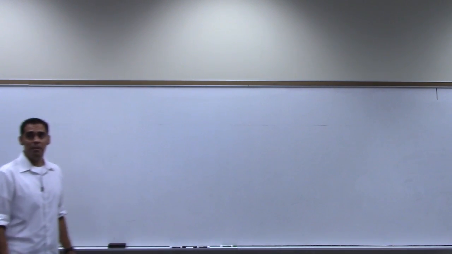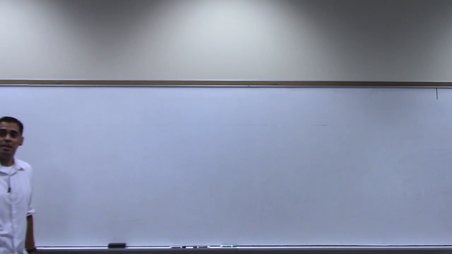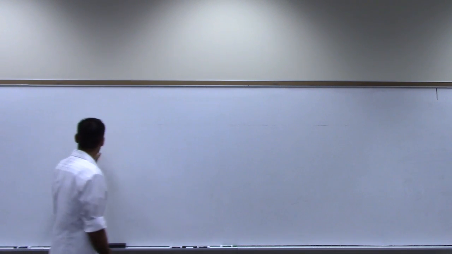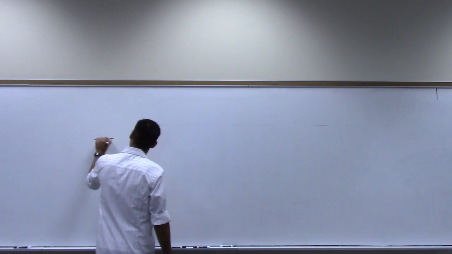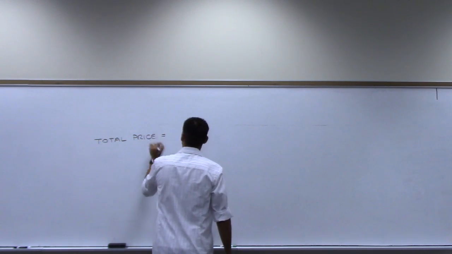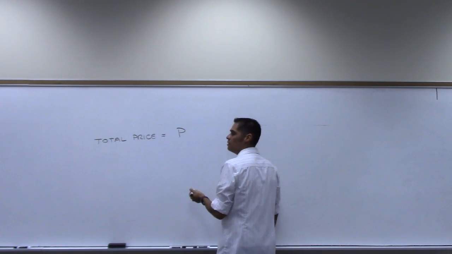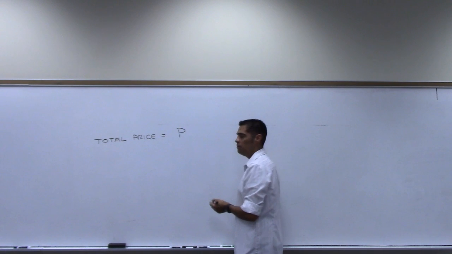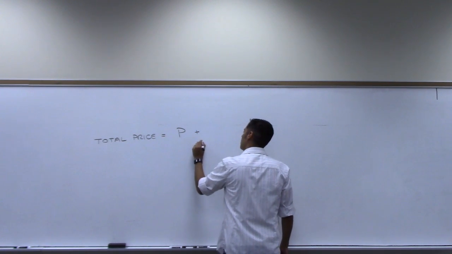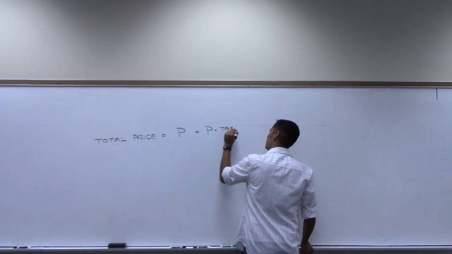All right, the big thing that we have here is that there are two equations that we're going to be using. If you go out and buy something, the total price is equal to the price, I'm going to call it P, plus the price times the tax rate.